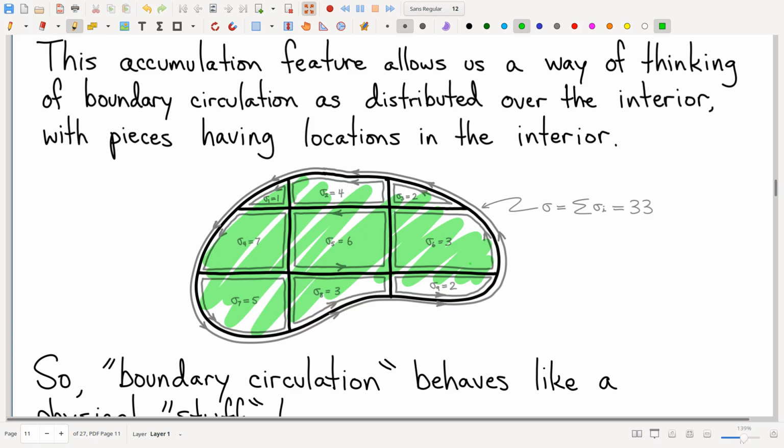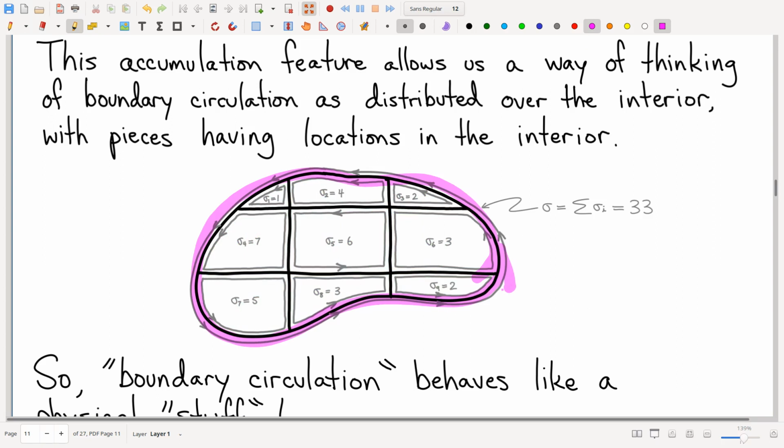And so we should think of each piece of boundary circulation as being associated to the piece of area that it comes from. So here's a related note. Let me ask a seemingly silly question. Here is a boundary circulation. Now you'll notice I'm deliberately looking at this in what I'm trying to encourage you to think of as being the wrong way to think about it.